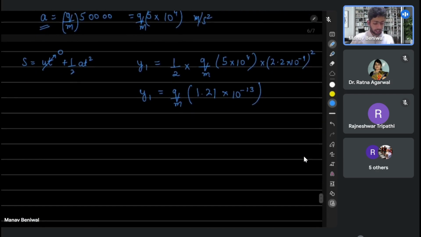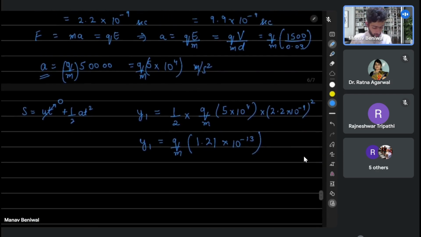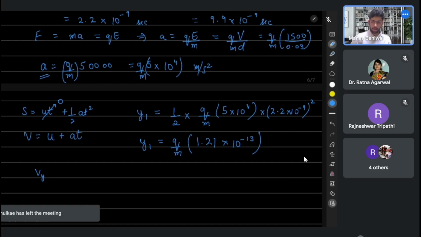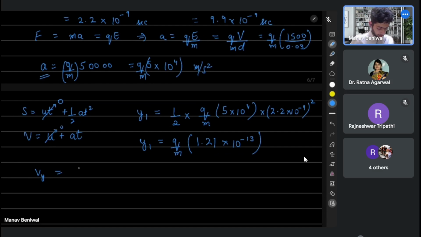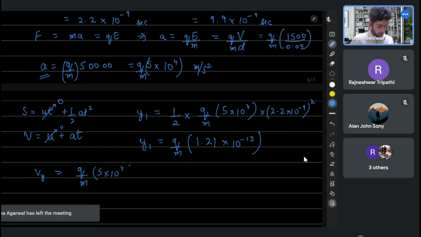Now the other thing that we need to calculate is vy, and for this we will use the equation v equals u plus at, right? So here u is 0, so this term is again 0, and our at is nothing but q by m, 5 into 10 to the power 4 multiplied by 2.2 into 10 to the power minus 9.